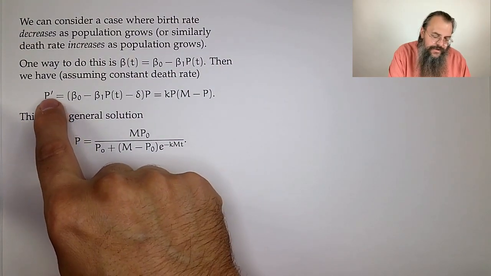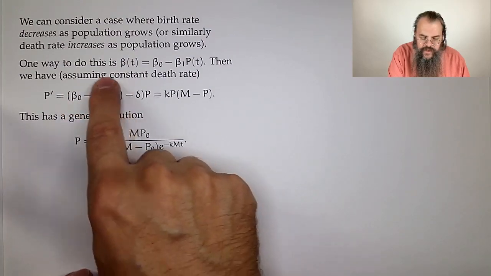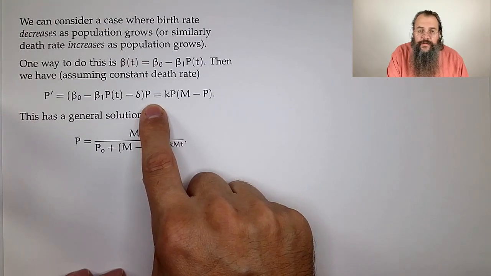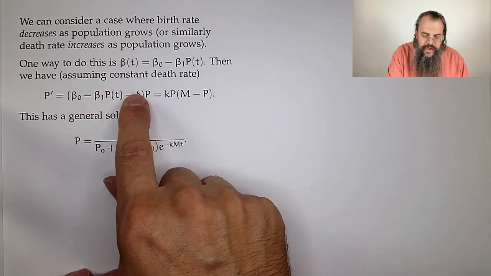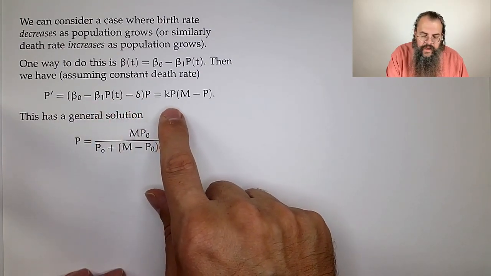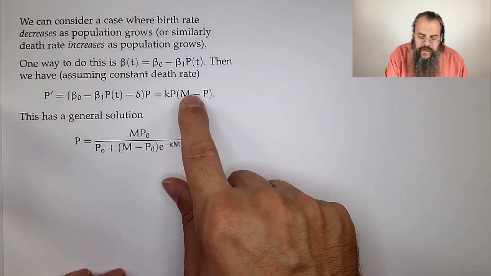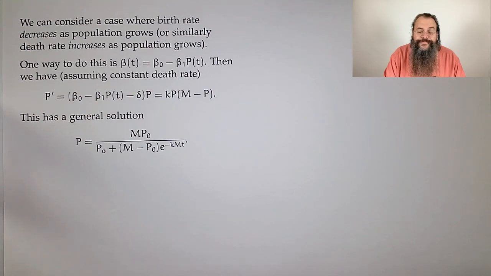Our population change is this birth rate minus the death rate, times P. You can do a little bit of rearranging. We have some constants here we can combine together and pull out. And this takes the form of k P (M minus P), where M and k are constants.